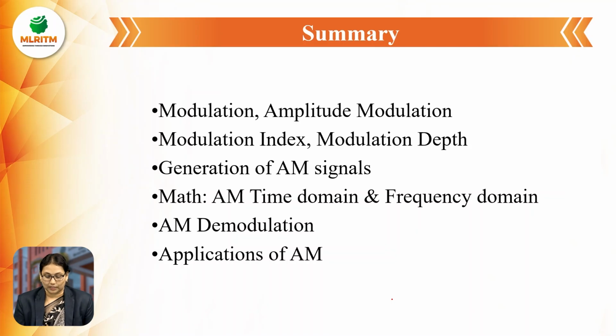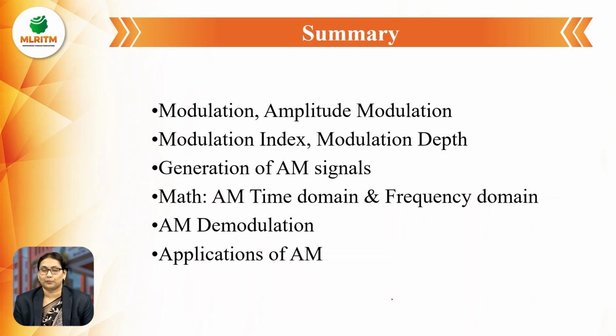Coming to the summary, we have discussed modulation, amplitude modulation, modulation index, generation and detection of AM waves, total power of the AM wave, and applications of AM wave. Modulation is the process in which a low frequency signal is translated into a high frequency signal.